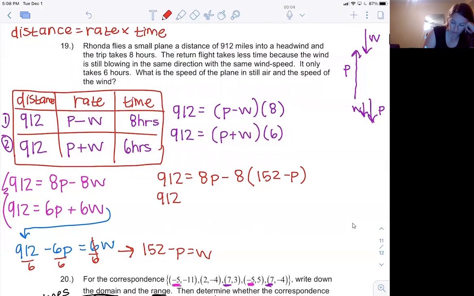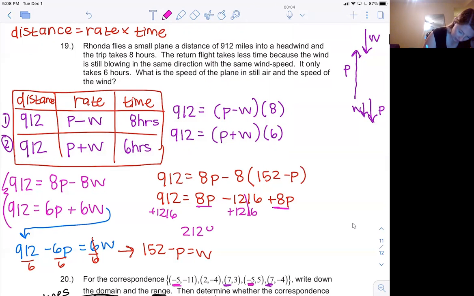So I have 912 equals 8P, 8 times 152 is negative 1216, and positive 8P. So now I'm going to combine like terms, and I'm also going to add this 1216 over. So I have 2128 equals 16P.